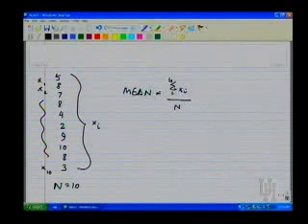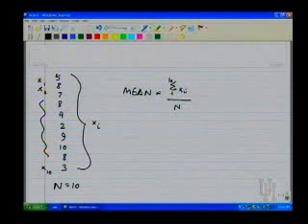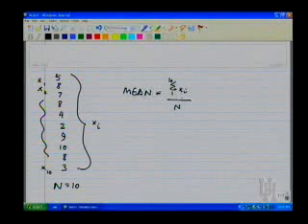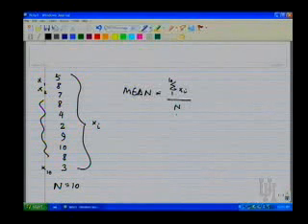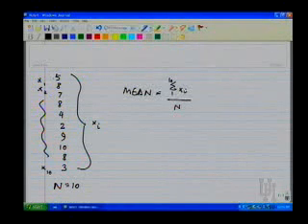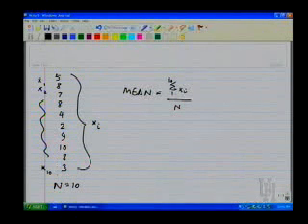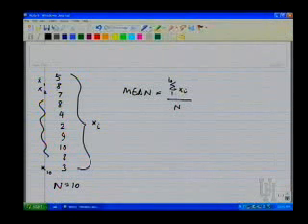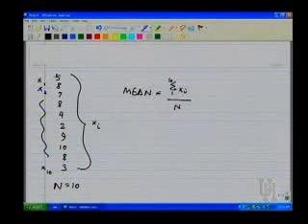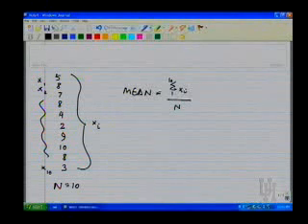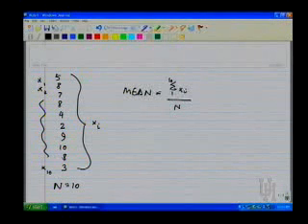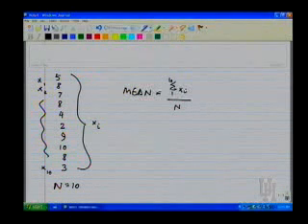Sigma simply means sum together. Add together all of the individual x's, all of the individual scores, and then divide by n, the number of scores. So we would add together the stream of scores, 5 plus 8 plus 7 plus 8 and so on. So we have 13, 20, 28, 32, 34, 43, 53, 61, 64.